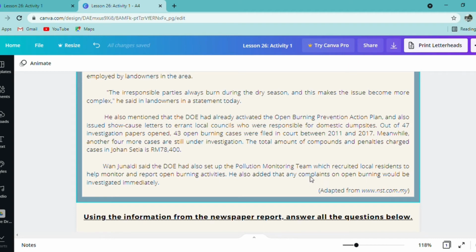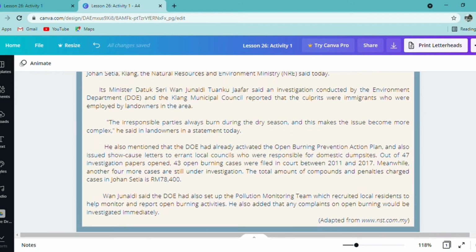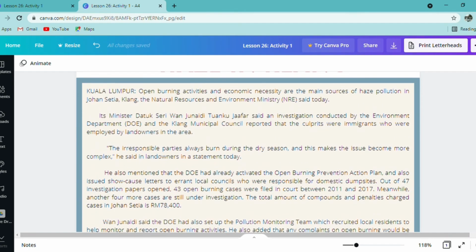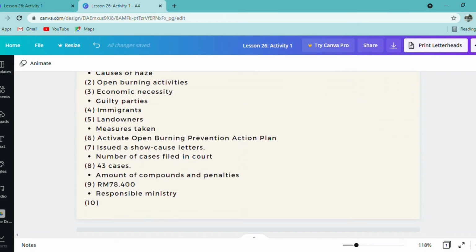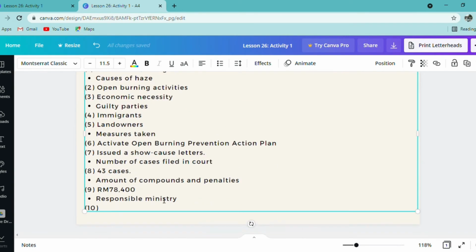The responsible ministry in the text is Natural Resources and Environment Ministry. Okay, so that is the last answer for question number 10.